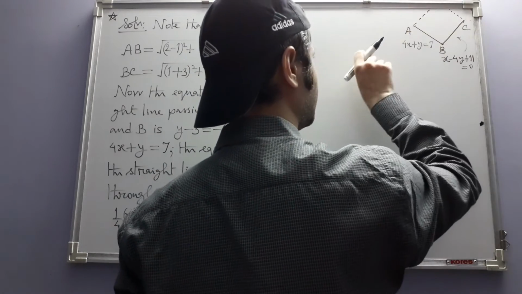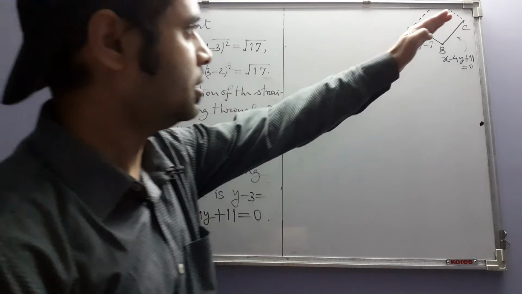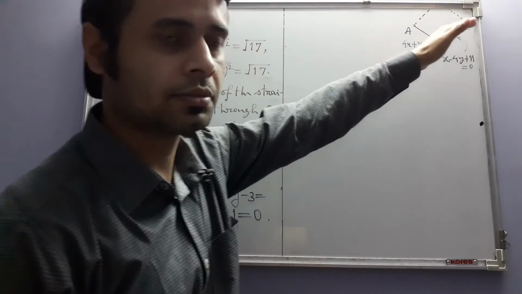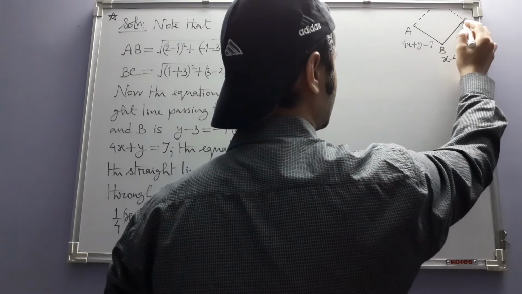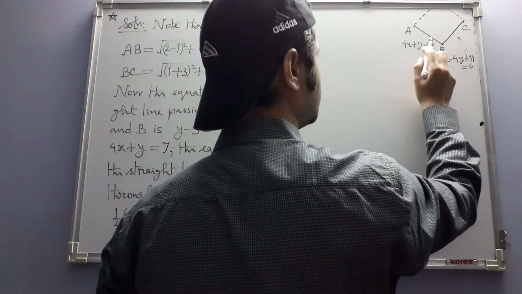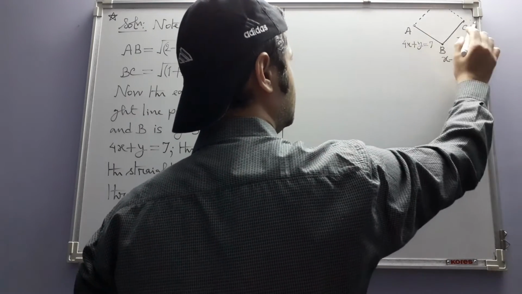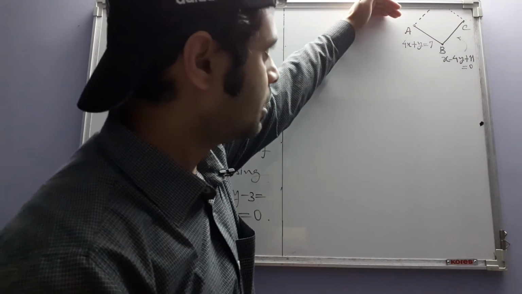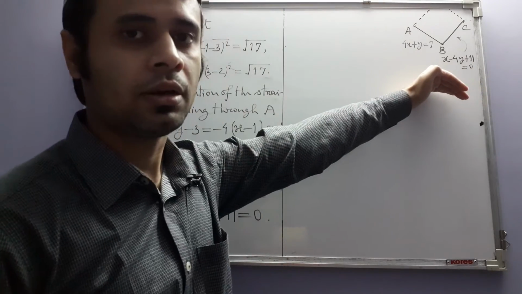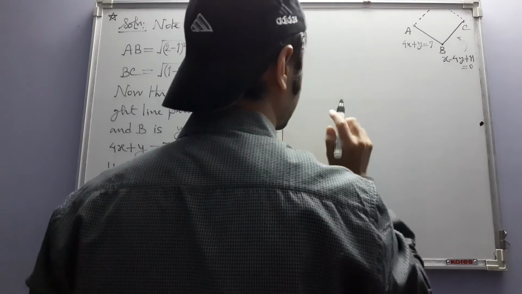We need to find the point of intersection of these two lines. So first of all we need the equations of these lines. Now we can find the equation of this line by considering this, because this line, which is passing through C, has to be parallel to the line AB. So we write accordingly.